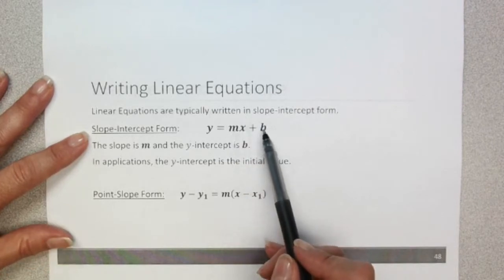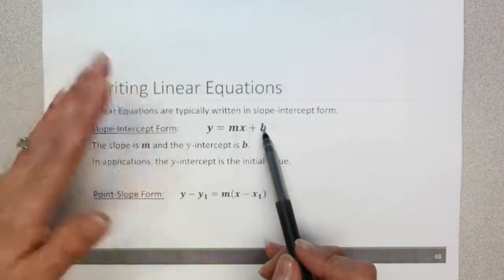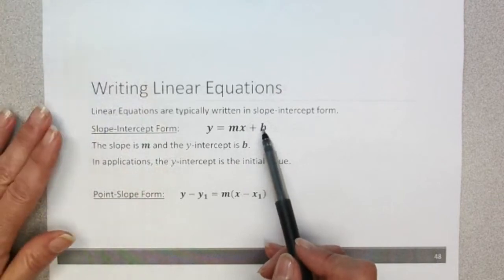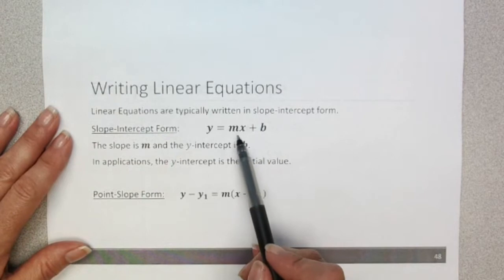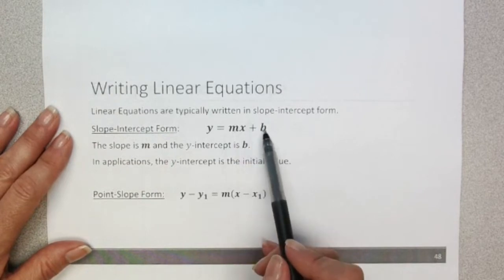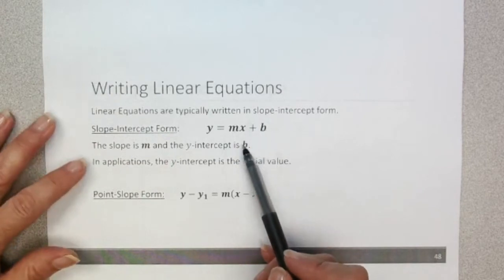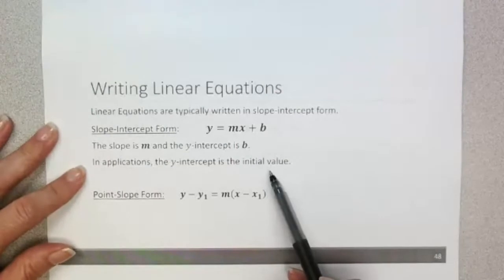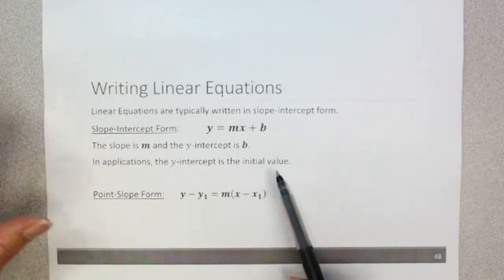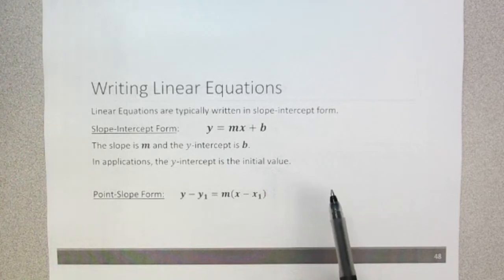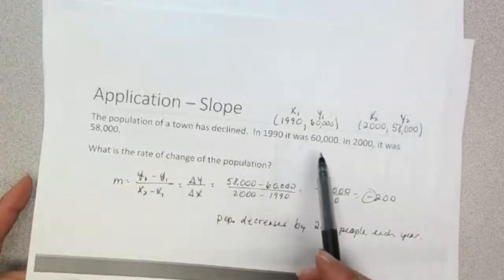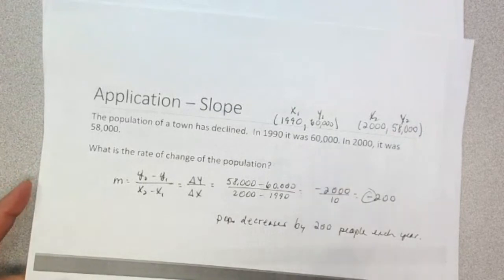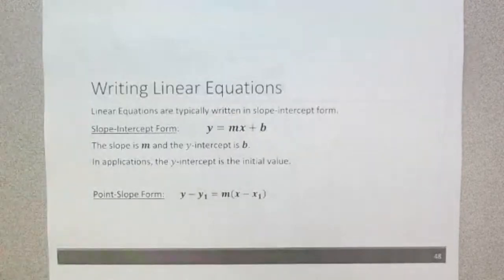And b is the y-intercept, or where that line intercepts the vertical axis, the y-axis. In an application or in context, a linear function, the slope is rate of change, then the y-intercept, or this b, is thought of as the initial value of the function. So in our population example, we didn't know anything before 1990, so we would have thought of 1990's population of 60,000 as our initial value.